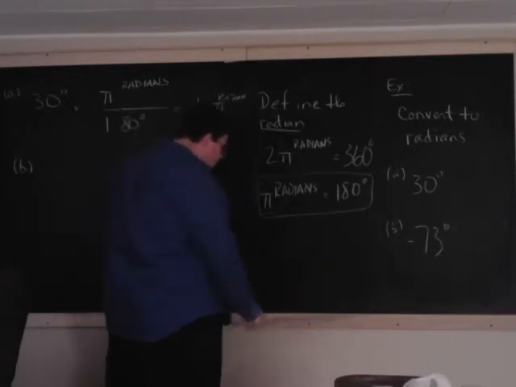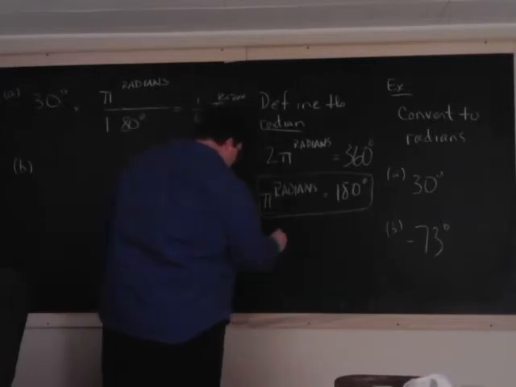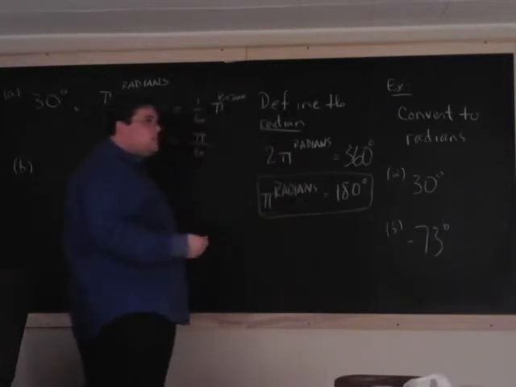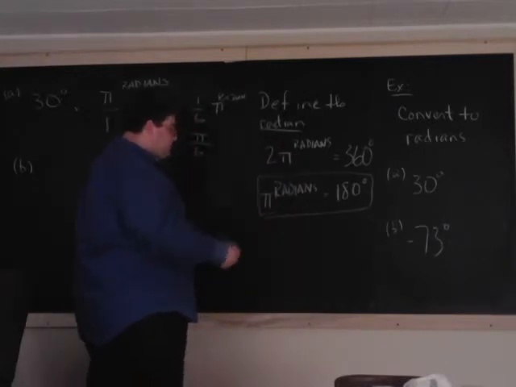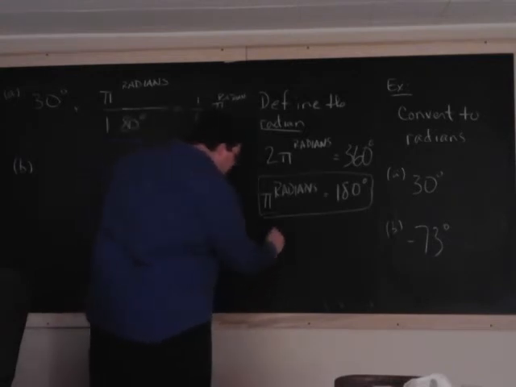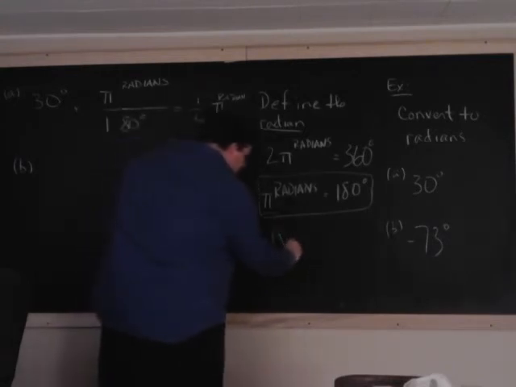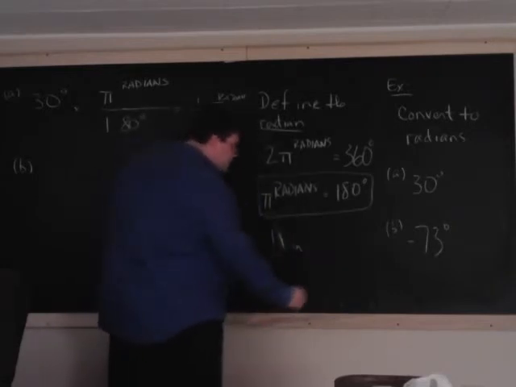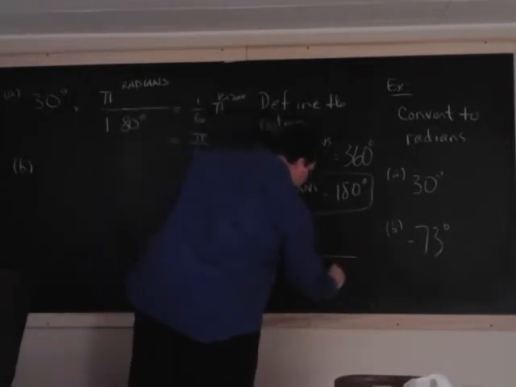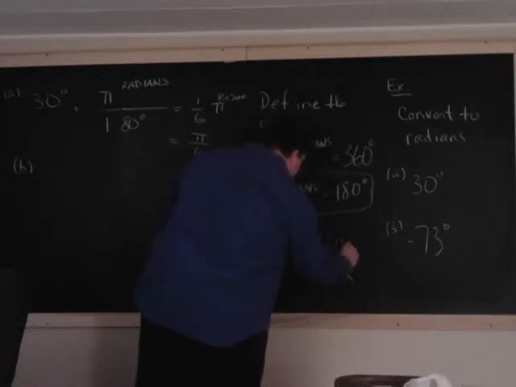I hope it's not wrong. 2.54, I believe it is. So, if you want to convert inches to centimeters, say, let's do 11 inches to centimeters, you would divide by inches, multiply by centimeters.